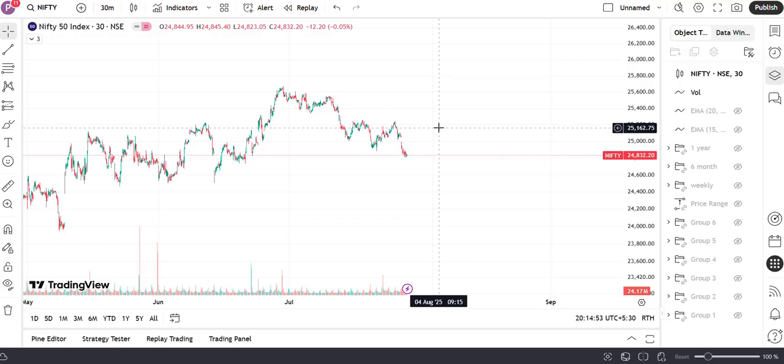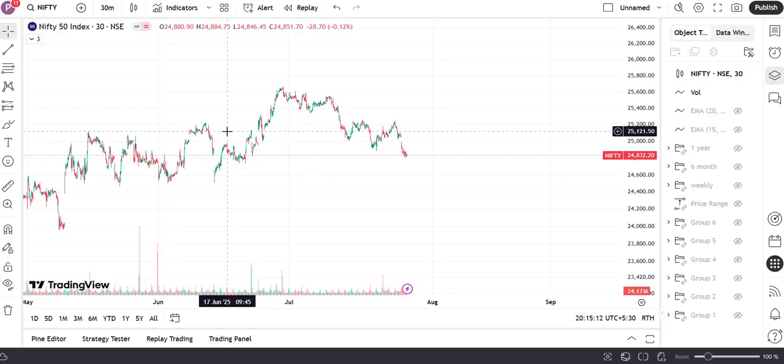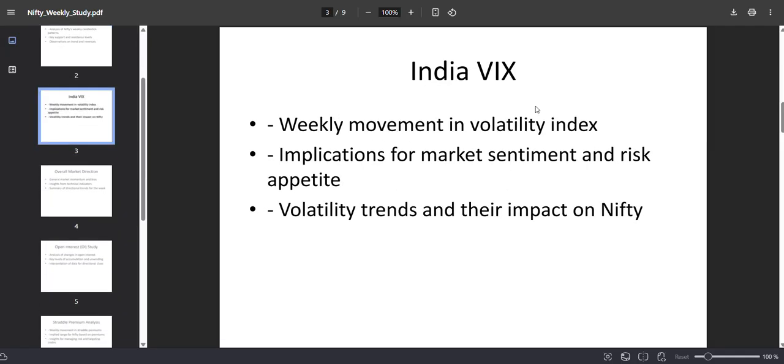I'm not expecting the market to clear the 25,200 level. I'm expecting some dip because a lot of IT negative news is also there, and then there may be a chance of bounce once it comes to the support region.